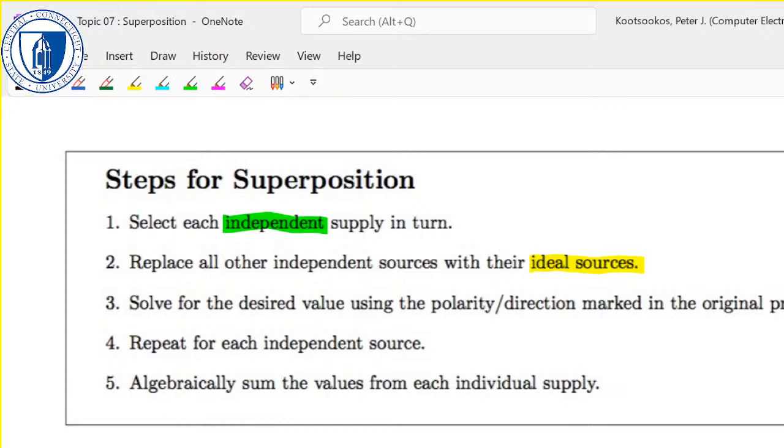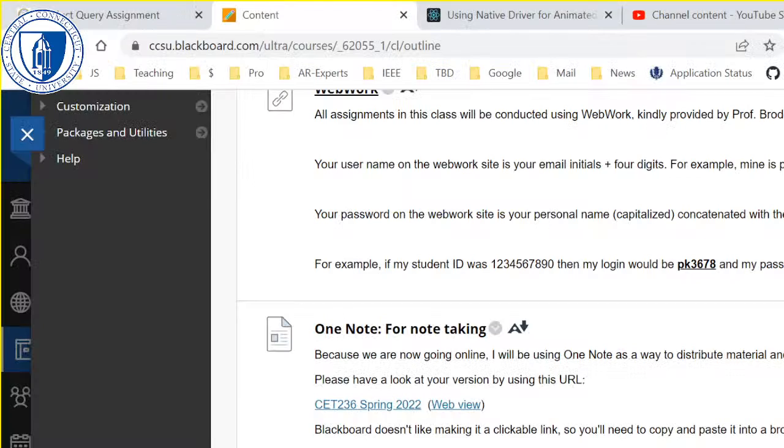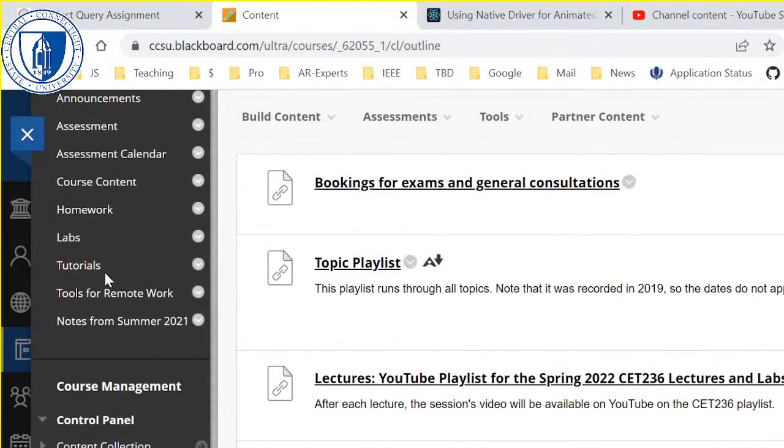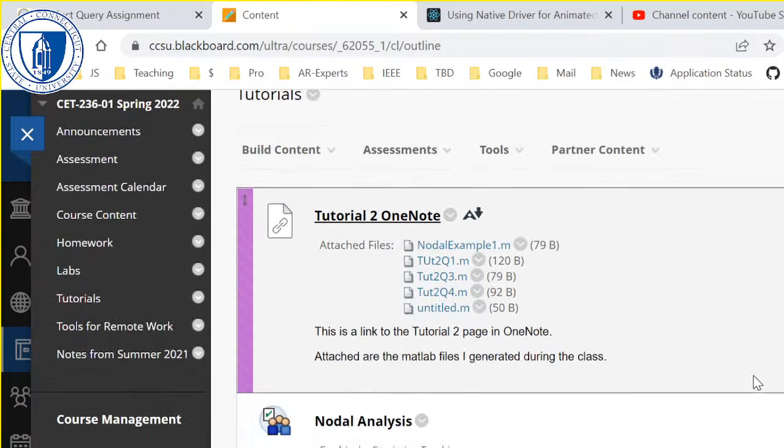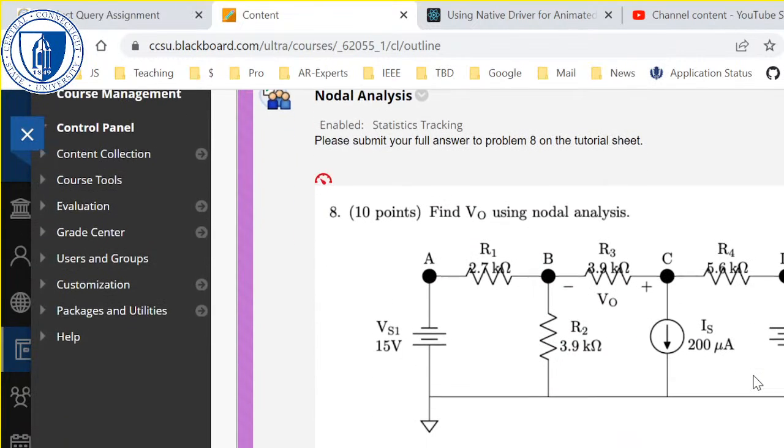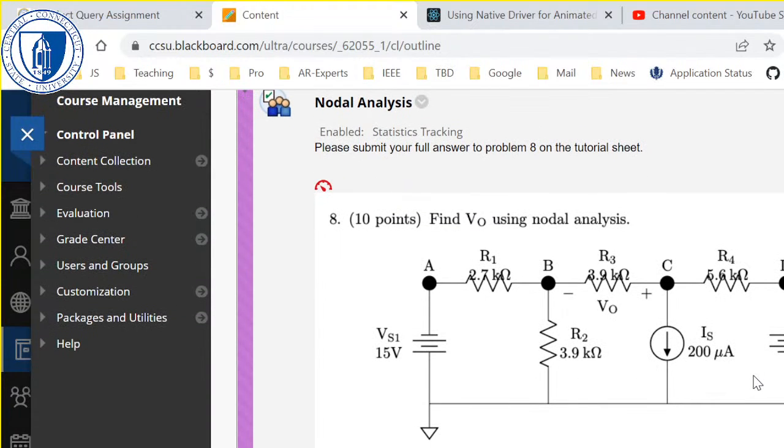I believe I have waiting for me in the office another tutorial sheet. Just a reminder that I do want you to go into tutorials and upload your worked answer to question 8 on the last tutorial.